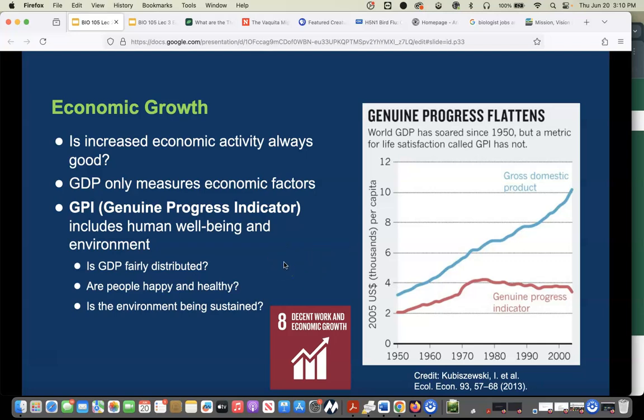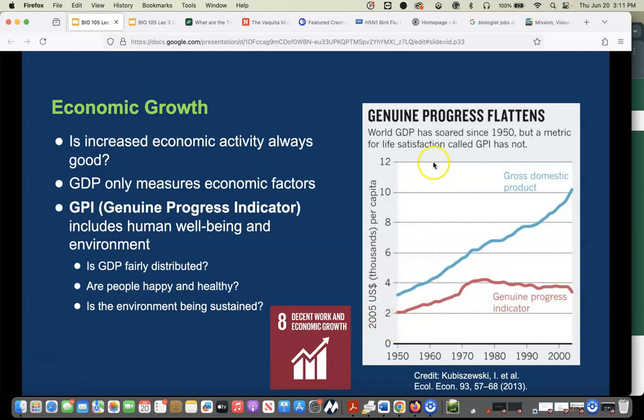Is that GDP fairly distributed? And then we can also look at, are people happy and healthy? The genuine progress indicator is going to include human well-being and the environment. So are people happy? Are they healthy? And is the environment being sustained?